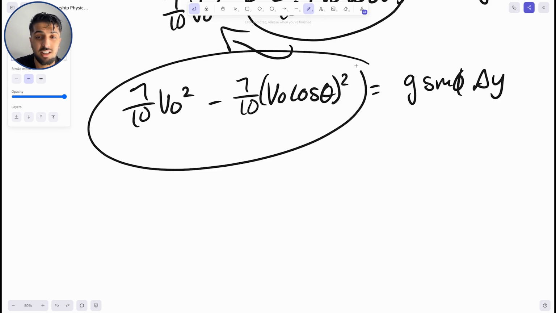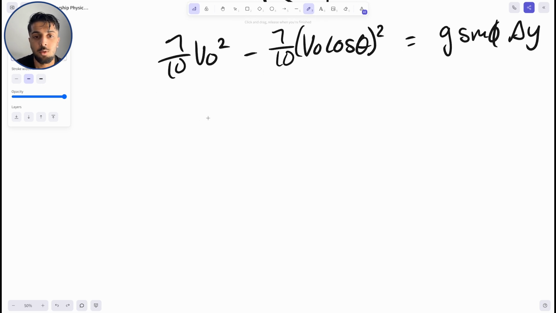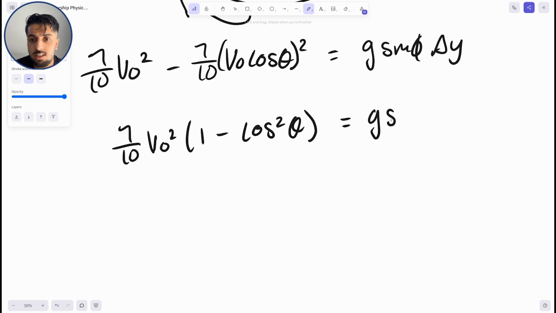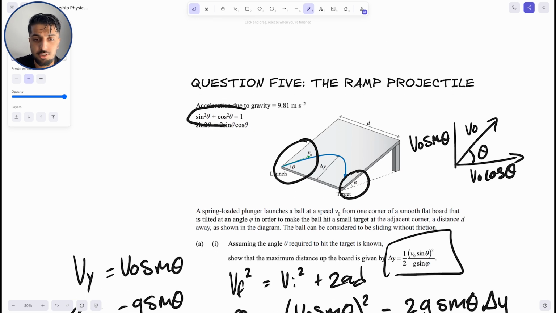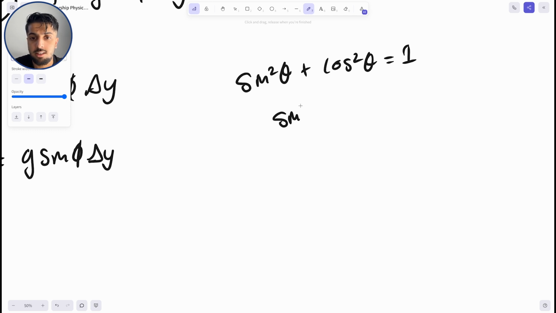Now, simplifying this side of the expression, we can take 7 over 10 v0 squared out as a common factor. We get 7 over 10 v0 squared times (1 minus cos squared theta), and that is again equal to g sine phi delta y. Now, due to this trig identity right here, we know that sine squared theta plus cos squared theta is equal to 1. And therefore, sine squared theta is equal to 1 minus cos squared theta.